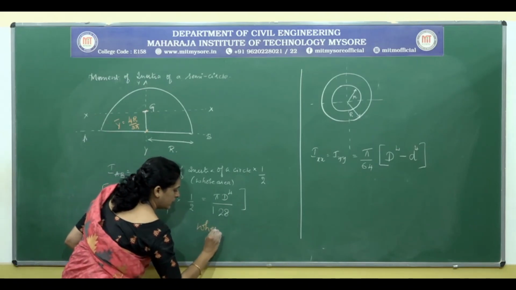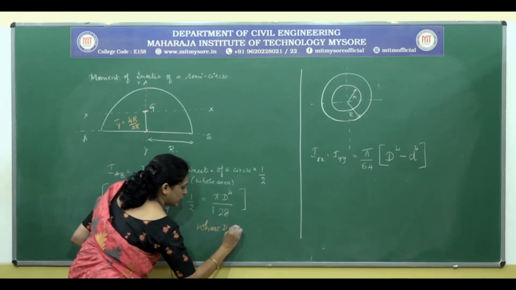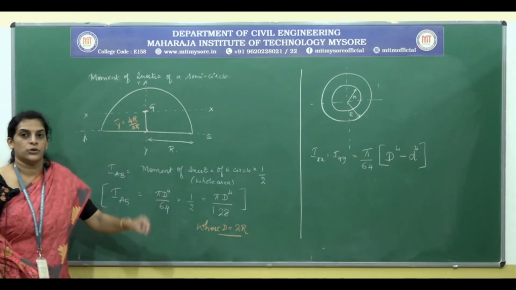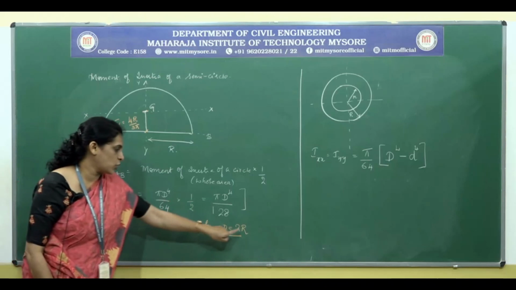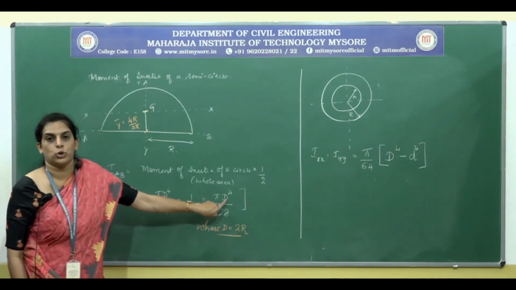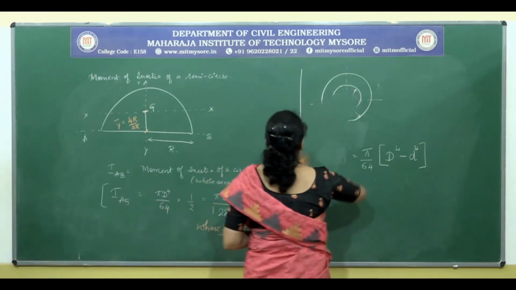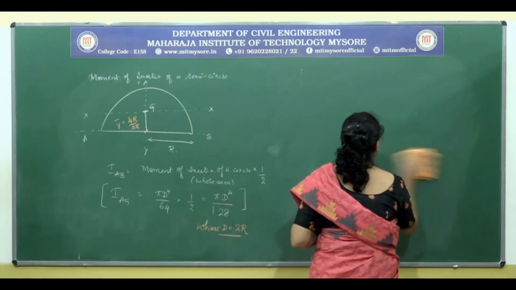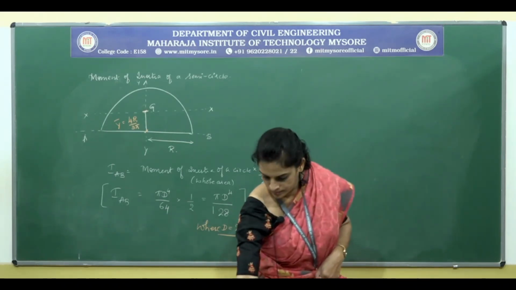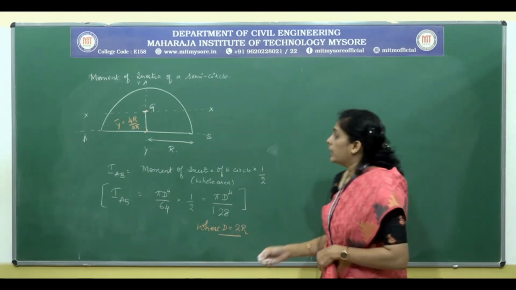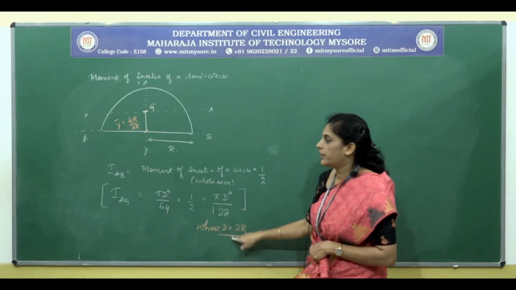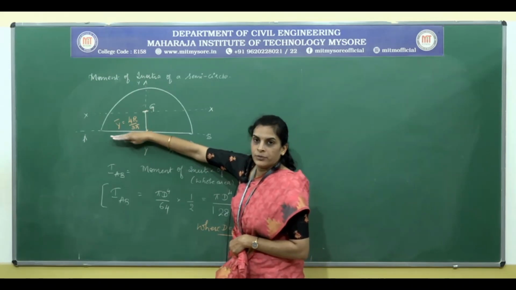where d is equal to 2r. If we are supposed to represent that in terms of radius, then we will substitute d as 2r. Now, whatever the expression that we have got here is about AB.